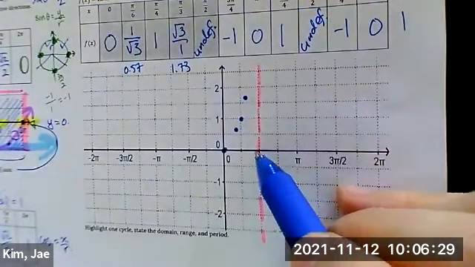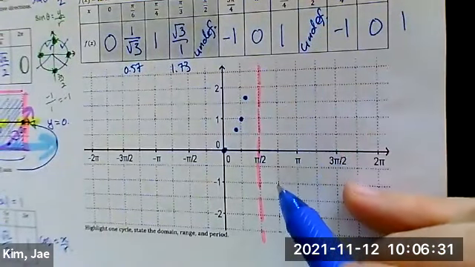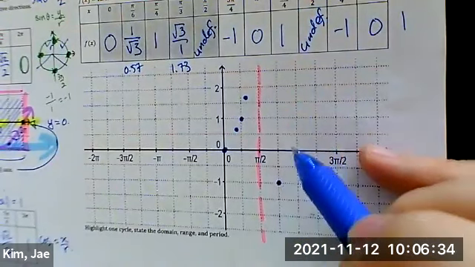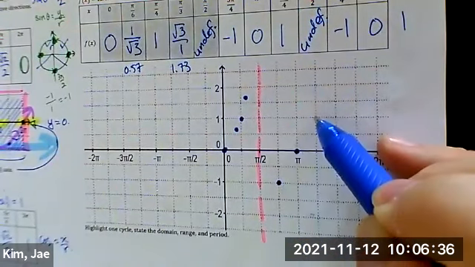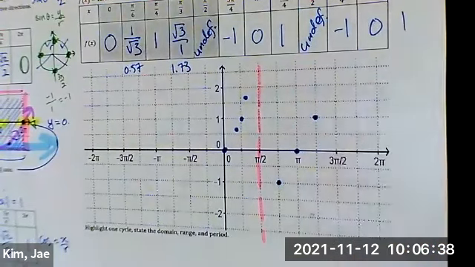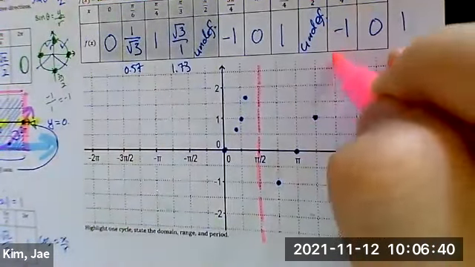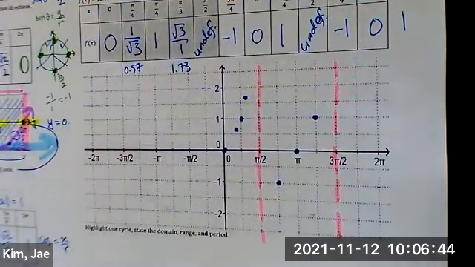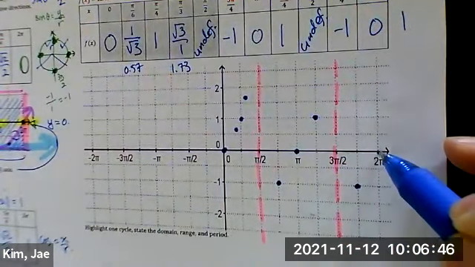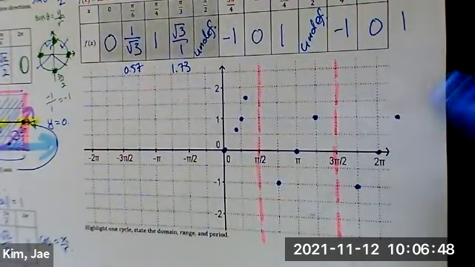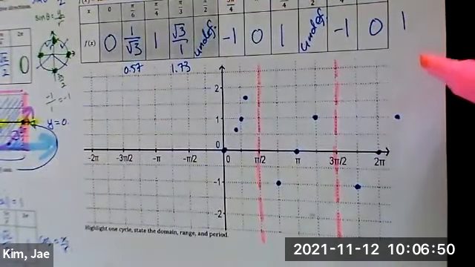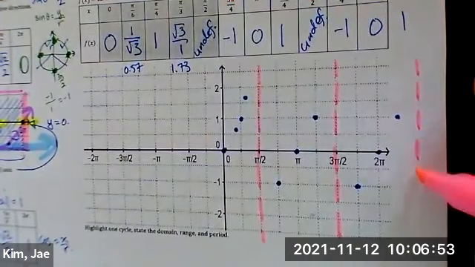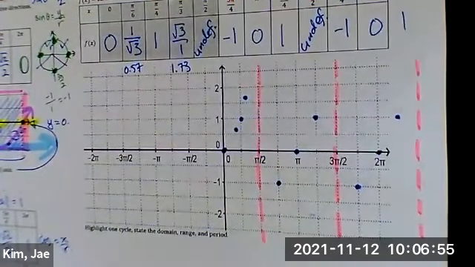At 3 pi over 4, I get a -1. I get a 0. And then I get a 1. And then I get another undefined. And then I get another -1, a 0, a 1. And then I should get another.